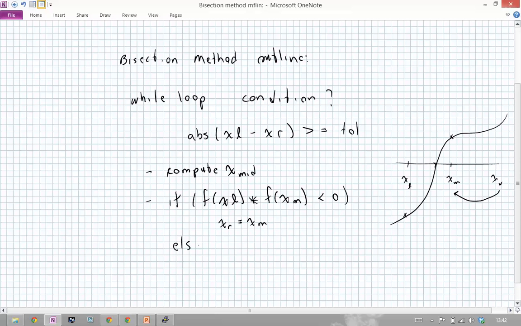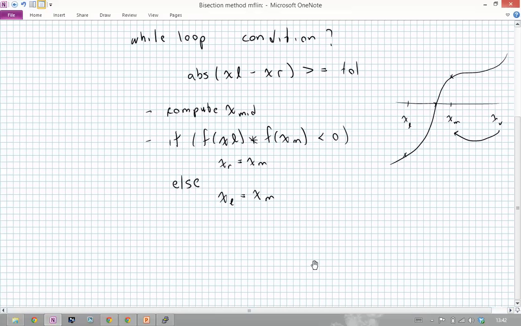Else, you know, we could also do this. Else xl equals xm. And then we could have a separate case if f of xm is 0, then just break or return.